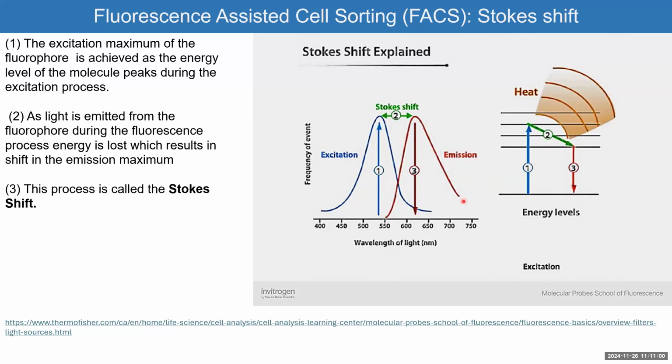And the rule is, as you excite a fluorophore, it's going to emit light at a lower energy. In other words, you're going from the ultraviolet, violet and blue toward the red, from the low wavelength toward the higher wavelength. So when you excite this particular fluorophore, it loses some energy and emits light with a lower energy.